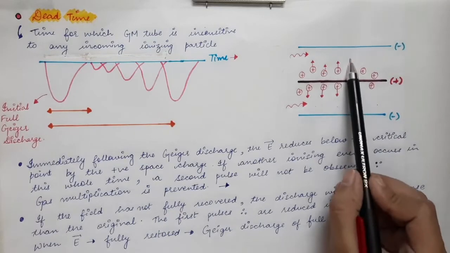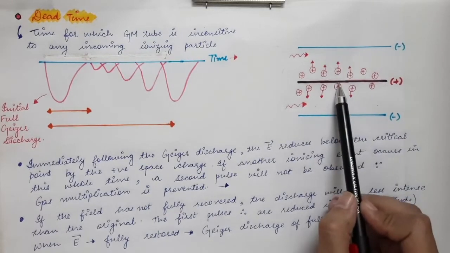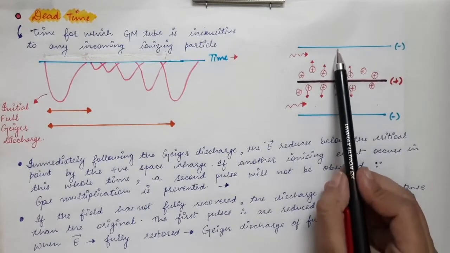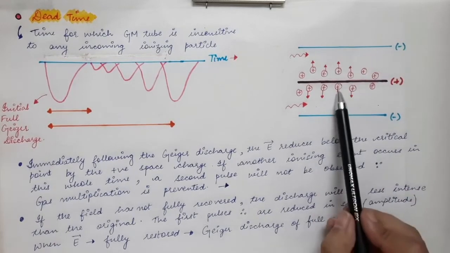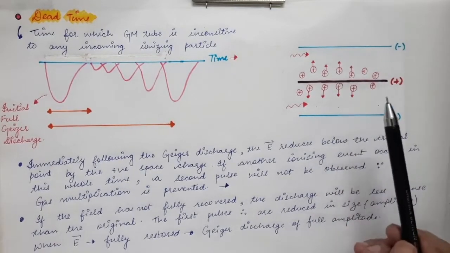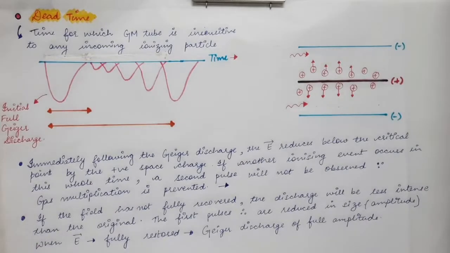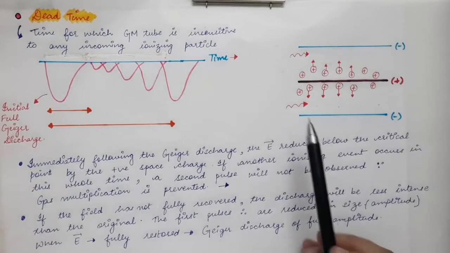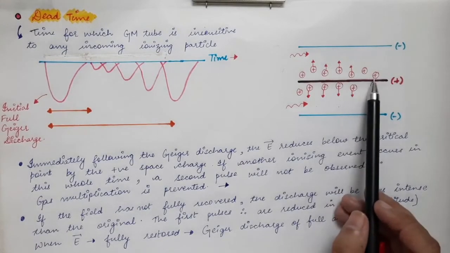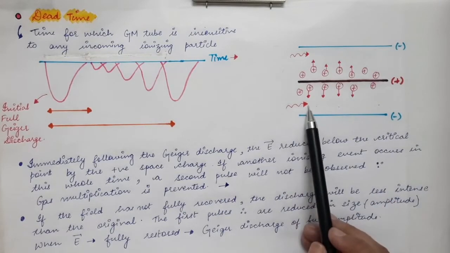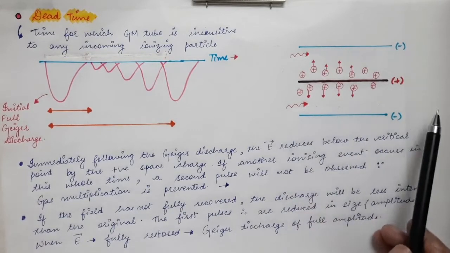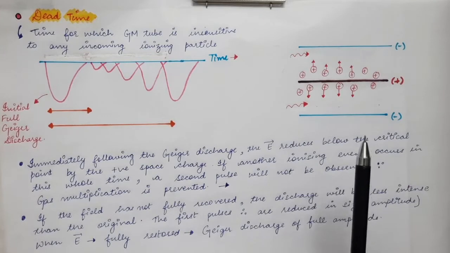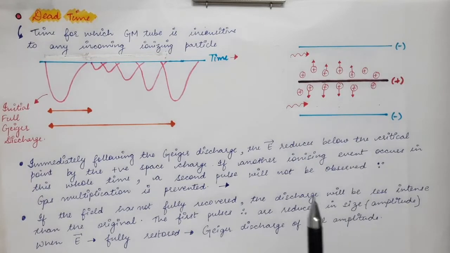So when these positive ions are moving away from the anode wire towards the cathode walls, the electric field increases. Due to this restoration of the electric field, any other incoming particle will start giving pulses across the resistance R.